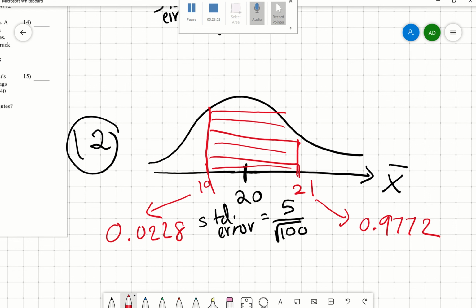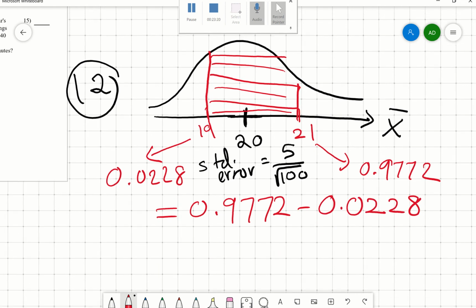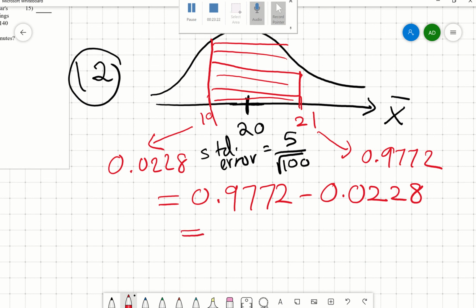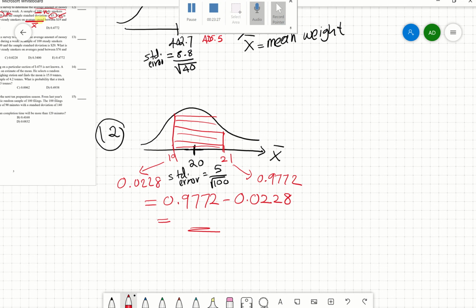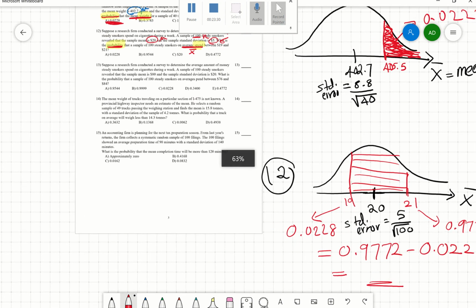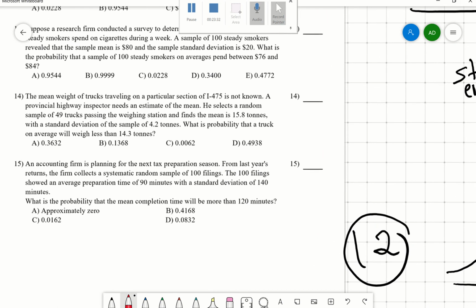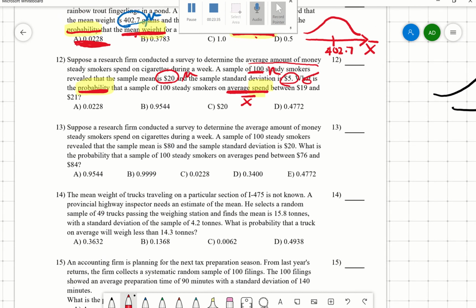So the probability that the average is between 19 and 21 is the area in between, 0.9772 minus 0.0228. I'm going to leave you to figure out the difference, and the rest of the questions. You have 3 more left, so make sure to do those calculations.